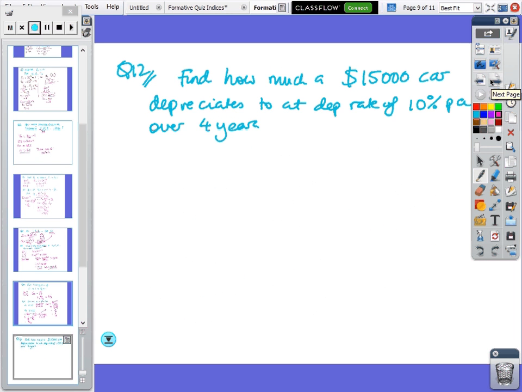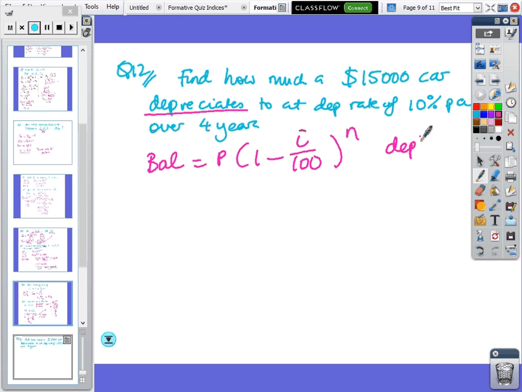Okay, come across. Find how much a $15,000 car depreciates to. It's going to go backwards at a depreciating rate of 10%. So the balance will be principal times 1 minus I over 100 to the power of n, because it's depreciation so we have a minus sign.